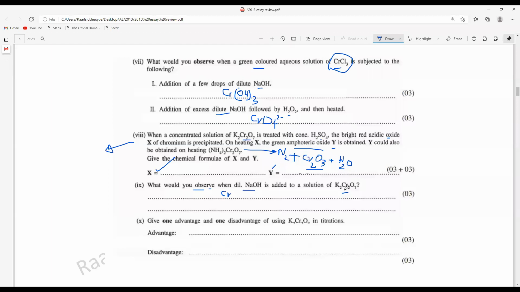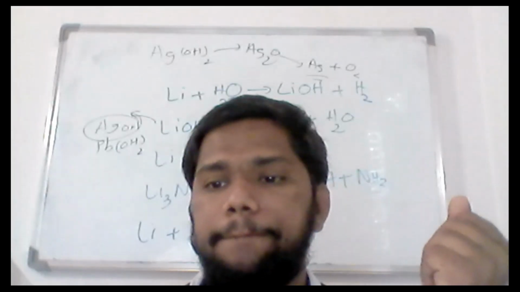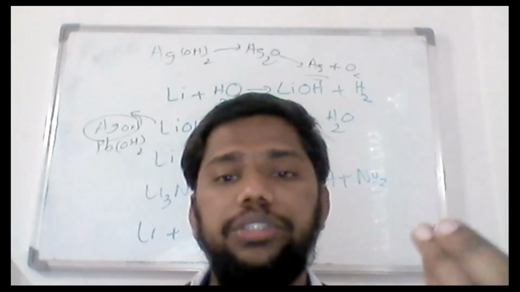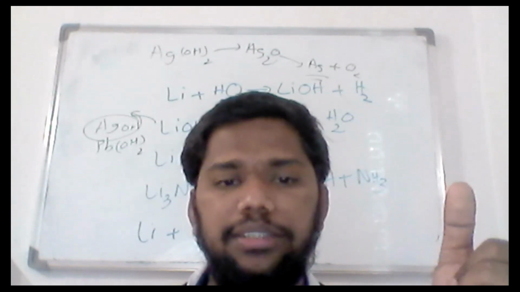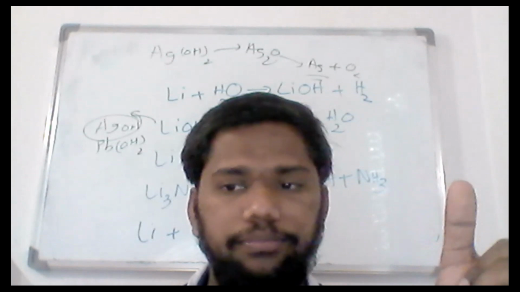But CrO4 2- is yellow in color. But when you add a little bit of Cr2O7 2-, you always see yellow color. Can someone tell me why? So I am posing this question to you. Cr2O7 2- is red in color.